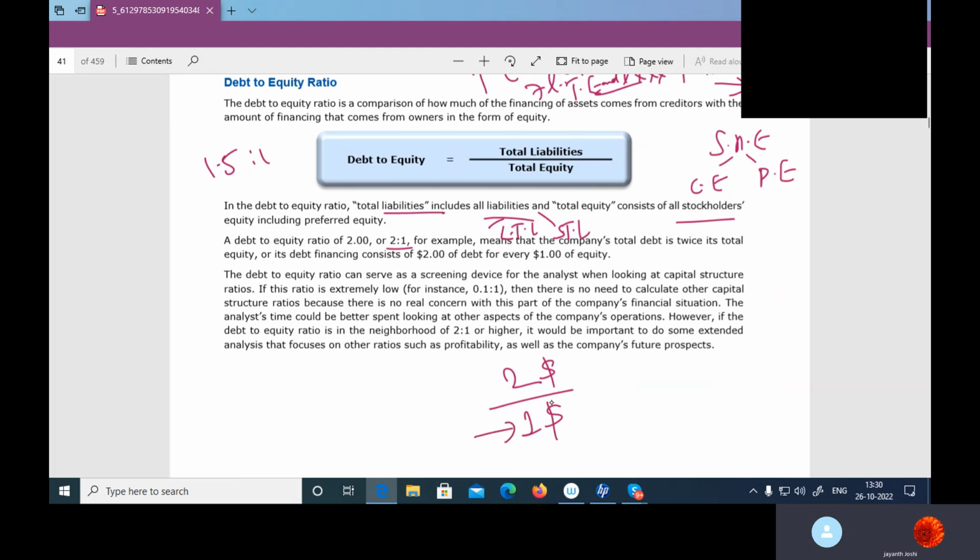You raised capital in the form of debt and equity: this is your own contribution, this is what you borrowed. So whatever you contributed, you can borrow twice of that, but not more than that.